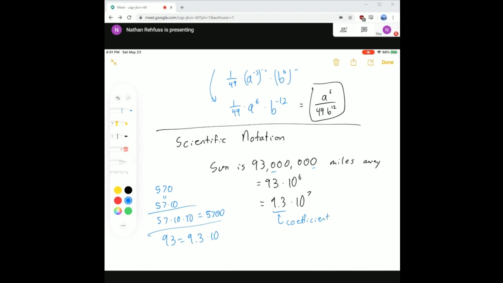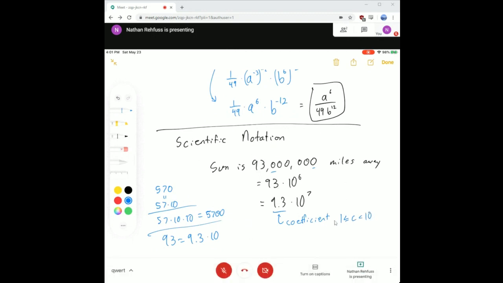They like the coefficient to be at least as big as 1, but never as big as 10. So instead of having a coefficient of 93, scientists are much more comfortable with a number between 1 and 10. 9.3 fits the bill. So 9.3 times 10 to the 7th miles is how a scientist would write this.